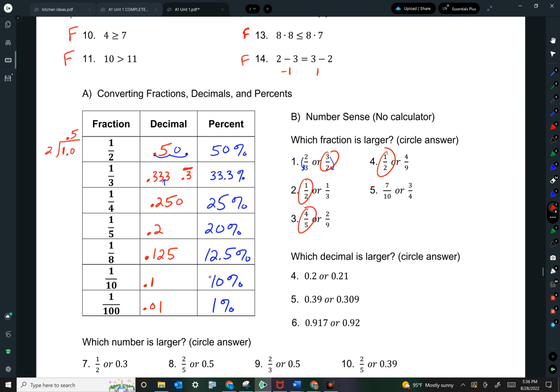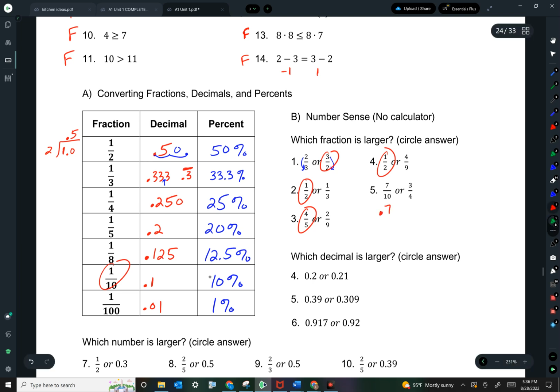Okay, number 5. This one is a little more tricky. 7/10 or 3/4. Now, a lot of people might think of this as decimals. 7/10, if you look over here at our tenths, if 1/10 is 0.1, then 7/10 is 0.7.